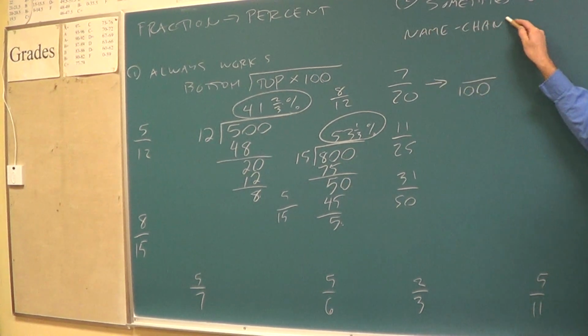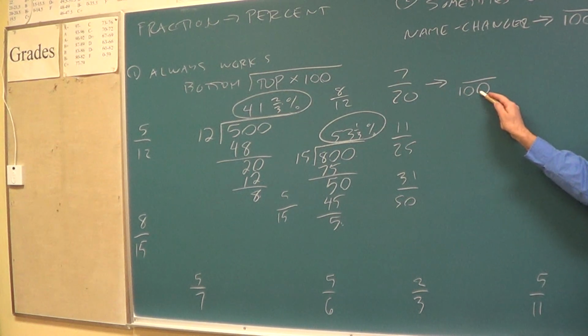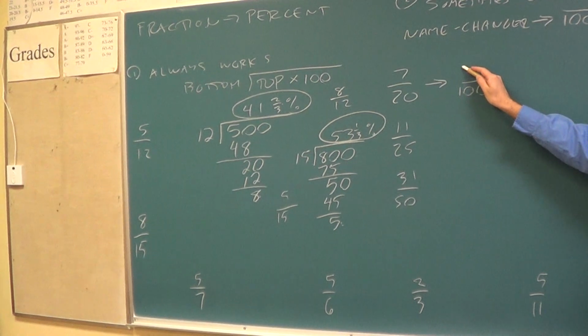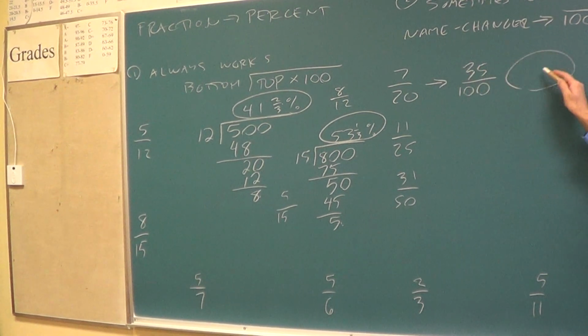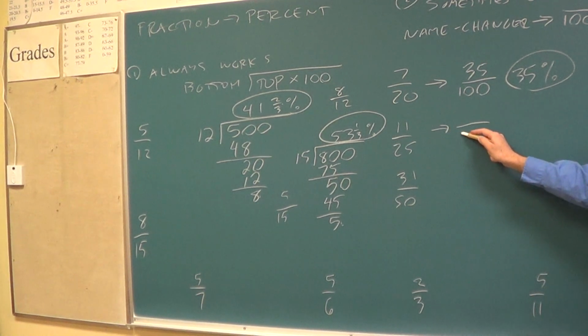So if you want to use the name changer machine to make things be out of 100, that's going to be a quicker way to go. 20 can turn into 100 if we multiply by 5. So the top would be 35. And that is now out of 100. 35%. Okay. Can 25 be made into 100?